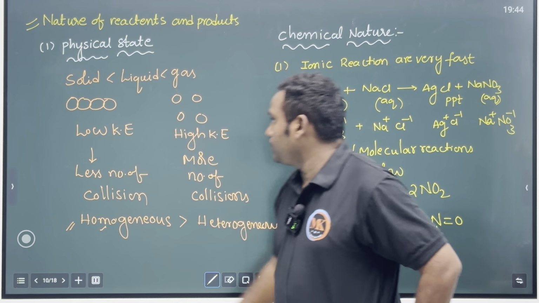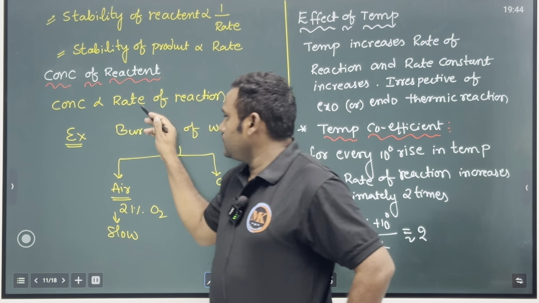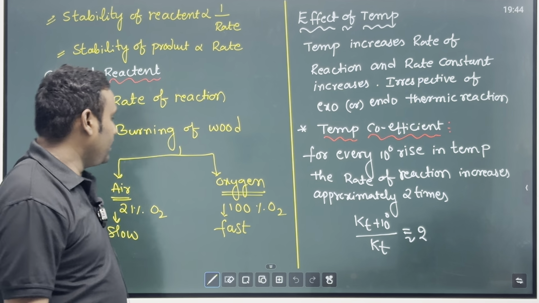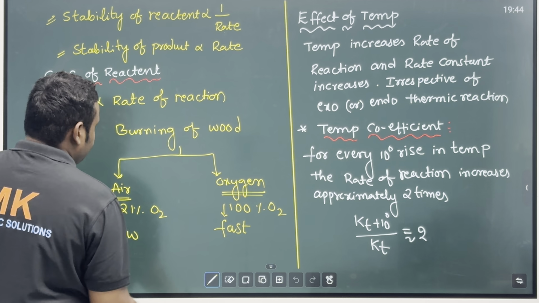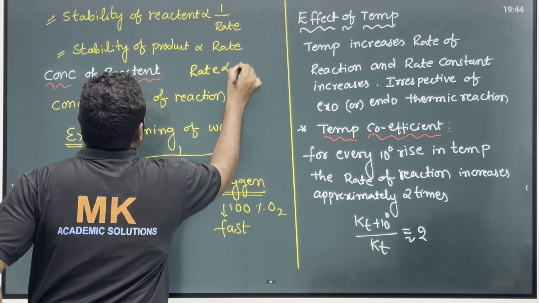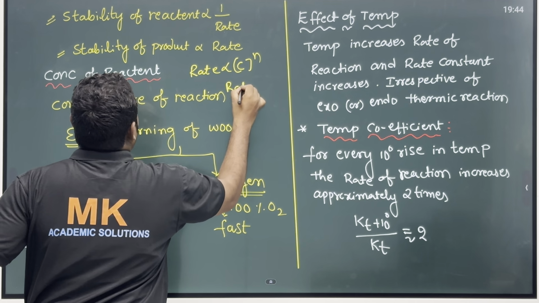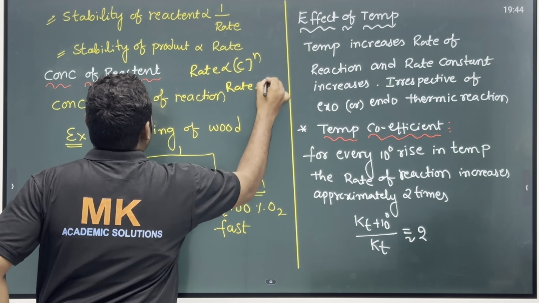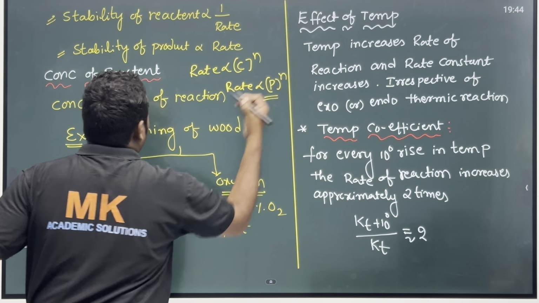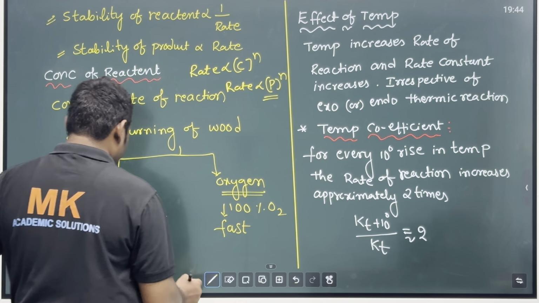Next, concentration. Concentration is directly proportional to the rate of reaction. So here rate is directly proportional to concentration to the power n, or rate is directly proportional to pressure to the power n. Okay, right children, partial pressure, right.